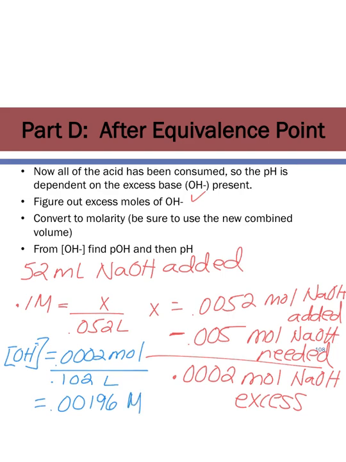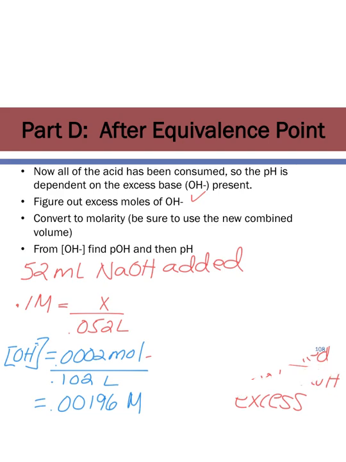So from the OH, I can find pOH, and then I can find pH. I'm a little short on room, so I will need to erase some of this stuff here so that I've got a little bit of space to work with.